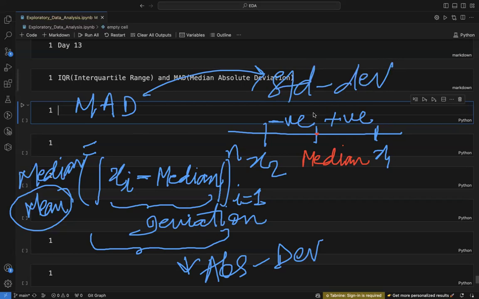It's measuring how far away my points are from the central tendency, which is the median in this case. Earlier in standard deviation my central tendency was the mean. It's very easy. Now let's write code to calculate the median absolute deviation.